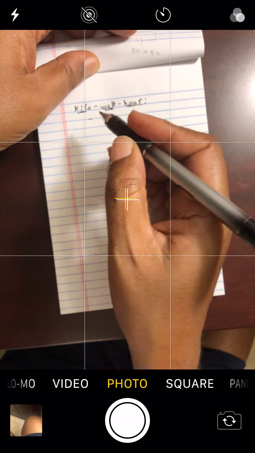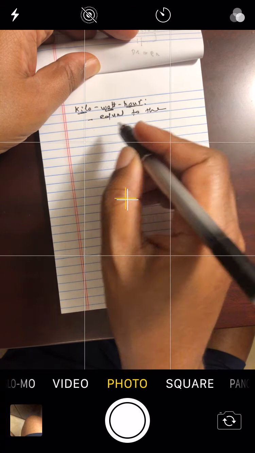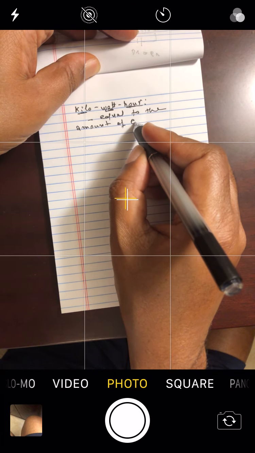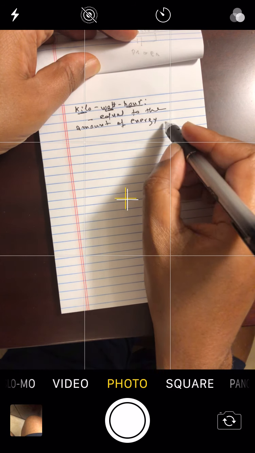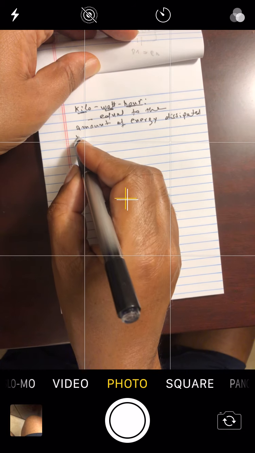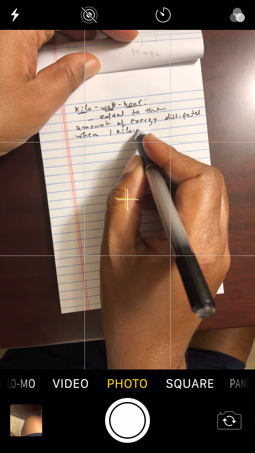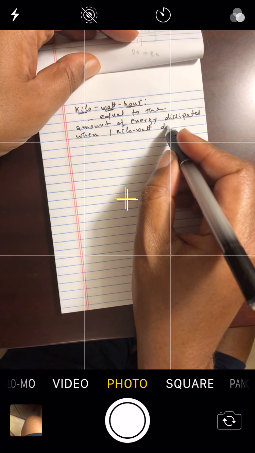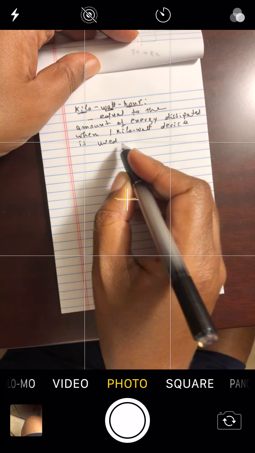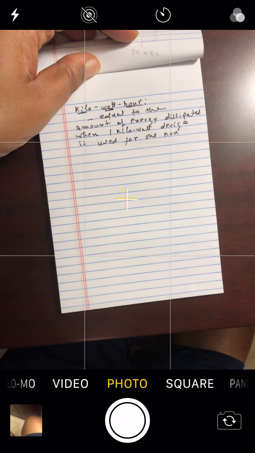This is equal to the amount of energy dissipated or converted to something else when a 1 kilowatt device is used for 1 hour.